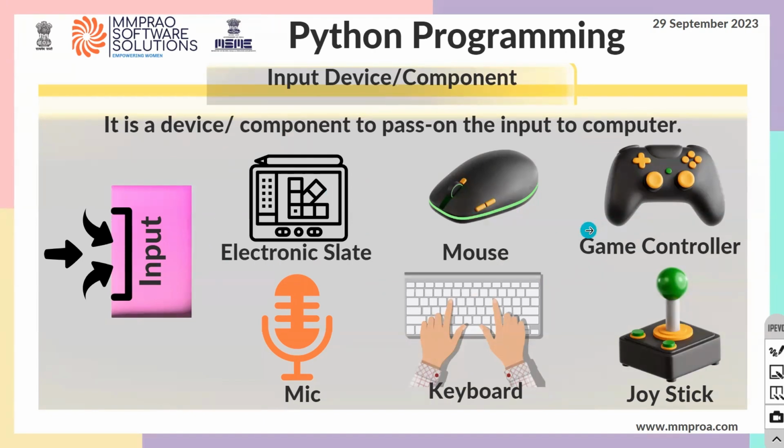So likewise, why so many devices? Guesses, why so many devices? Such input is required because we want to give it to the computer. That's the reason for so many devices. Whenever you want to give audio input, you use a mic. Whenever you want to give text type and numerical type of input, you use a keyboard. And guesses what type of input would we be giving when we use the mouse?